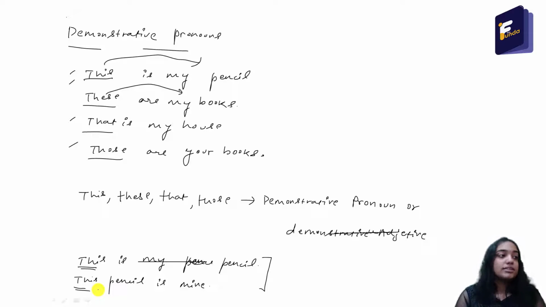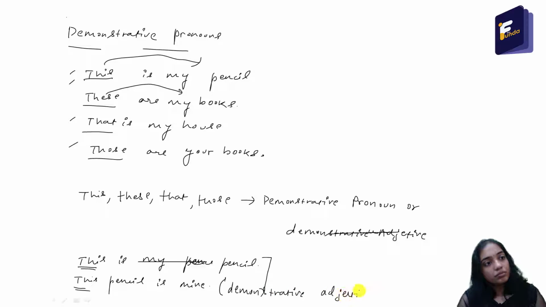In the second sentence, the word this is describing the pencil. Like which pencil? This pencil, or that pencil, or orange pencil, broken pencil. All these words are describing the noun pencil. So in the second sentence, the word this is a demonstrative adjective, and in the first sentence, the word this is a demonstrative pronoun.